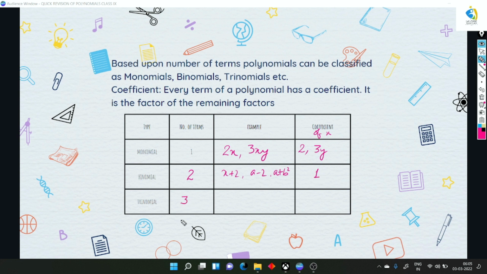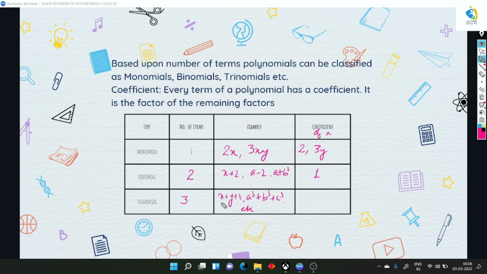In a trinomial, the number of terms is 3. If the number of terms is 3, that will be your trinomial. You can go for any kind of 3 terms, for example x, b cube plus c cube. This is a polynomial, and so on. Here again we'll go for the coefficient of x.